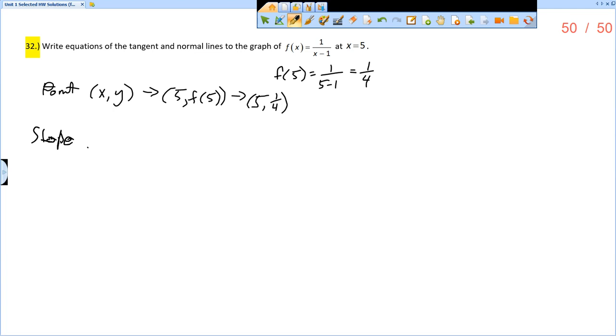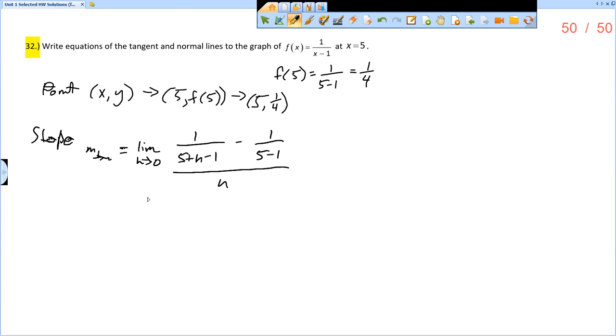So remember, the slope of the tangent line is the limit as h approaches 0 of f of a plus h. In this case, it's 1 over 5 plus h minus 1 minus 1 over 5 minus 1. Remember, this is f of a plus h minus f of a all over h.